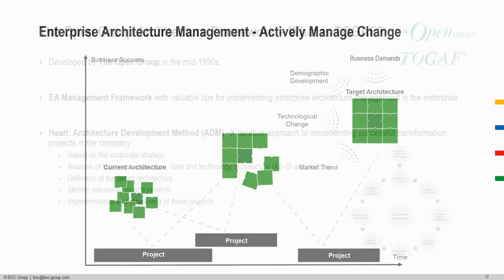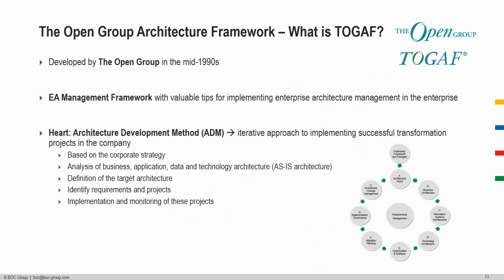That brings us to the introduction of TOGAF, which is a standard framework for implementing enterprise architecture within an organization. It was developed by the Open Group in the mid-90s, and it's a framework with valuable guiding tips for implementing EA. But at the heart of TOGAF is the architecture development method, or the ADM cycle, which is an iterative approach to implementing successful transformation projects in any company.